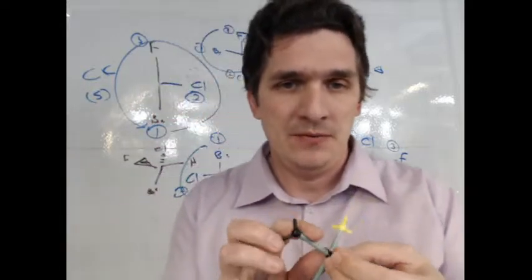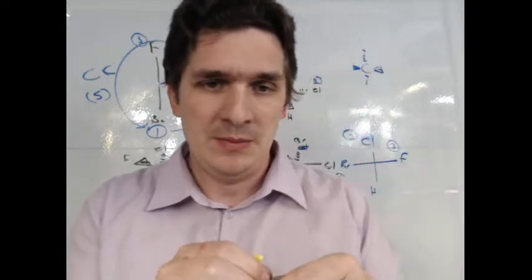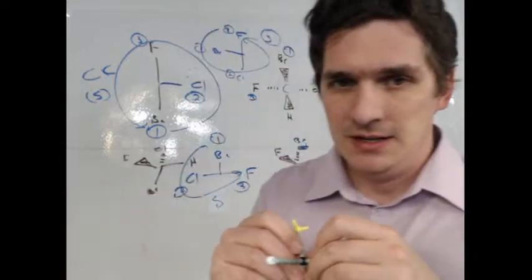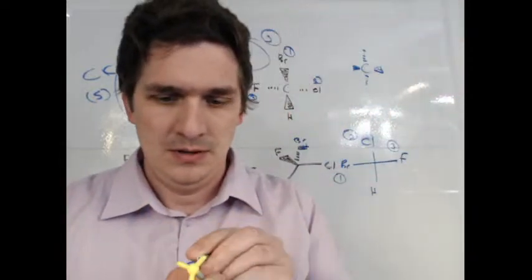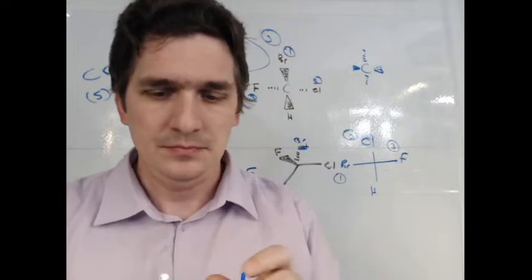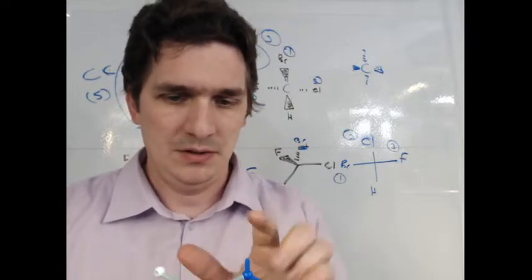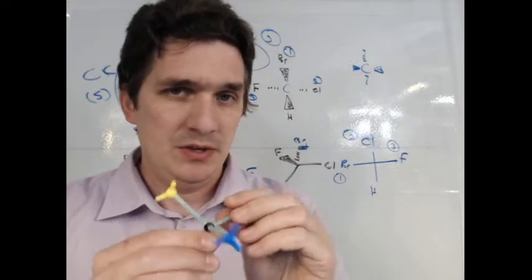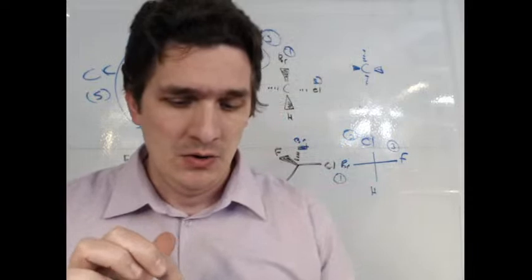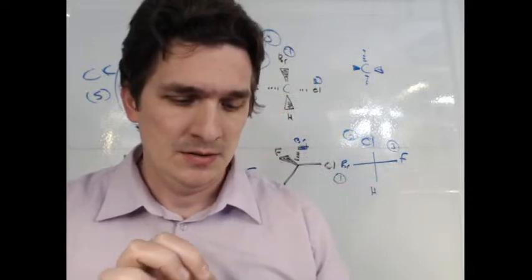So for the first one, we've got the Fischer projection. We've got fluorine going up and down opposite bromine, and then we've got hydrogen, chlorine, fluorine, bromine. So this is the Fischer projection as drawn for the first one. We tilt down, we go 1, 2, 3.